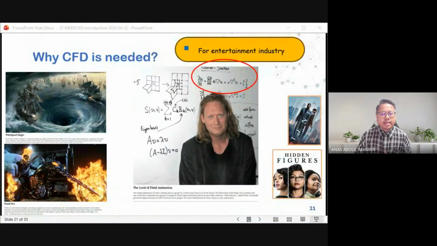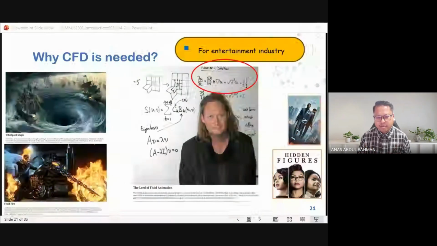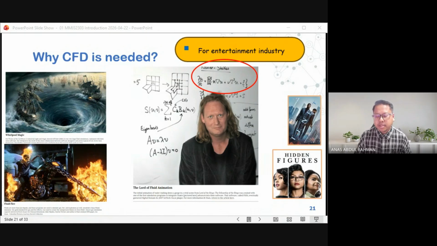And the other reason is entertainment. For example, if you're a fan of Pirates of the Caribbean and you see something cool like this on telly, anything that involves fluid, air, even fire, because the medium is air, can be represented and solved using CFD.